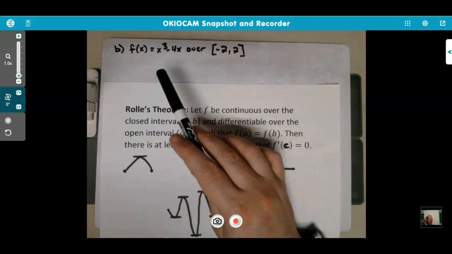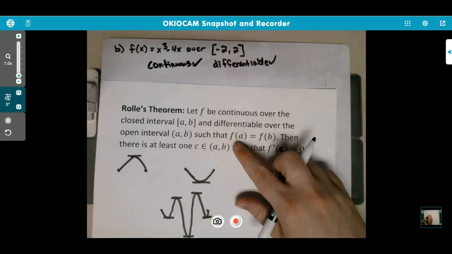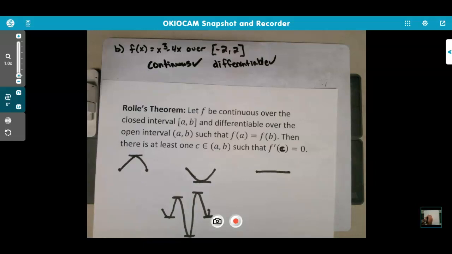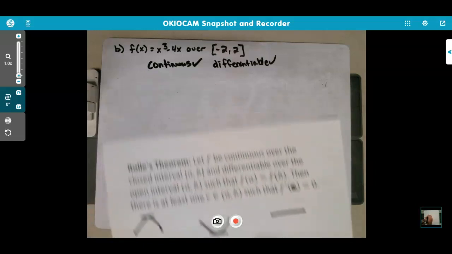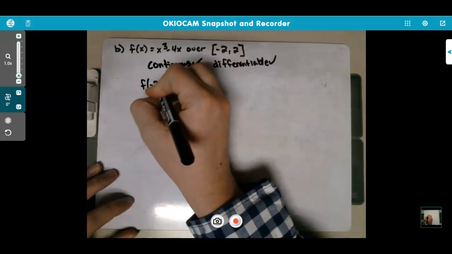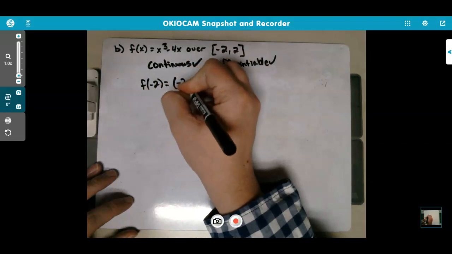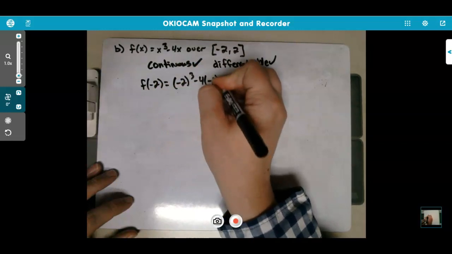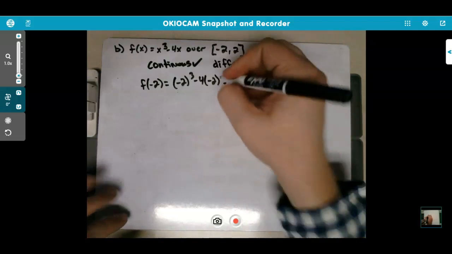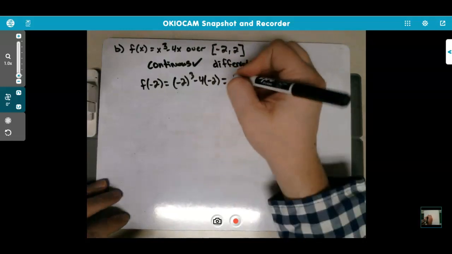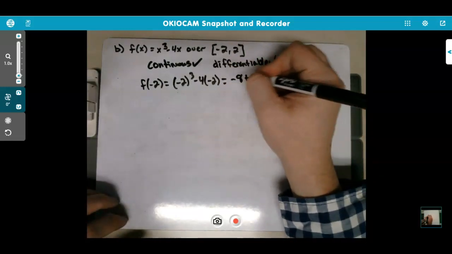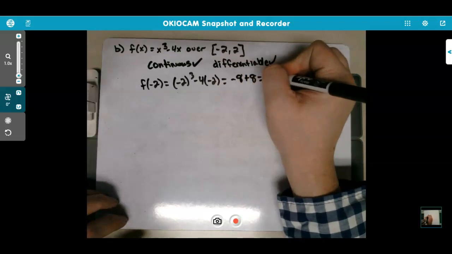That part is good. So now I just need to make sure that f of a is equal to f of b. So plug in negative 2. Negative 2 cubed minus 4 times negative 2. Negative 2 cubed is negative 8. Negative 4 times negative 2 is positive 8, so 0.